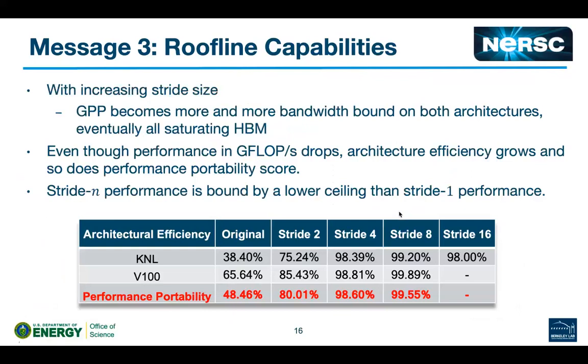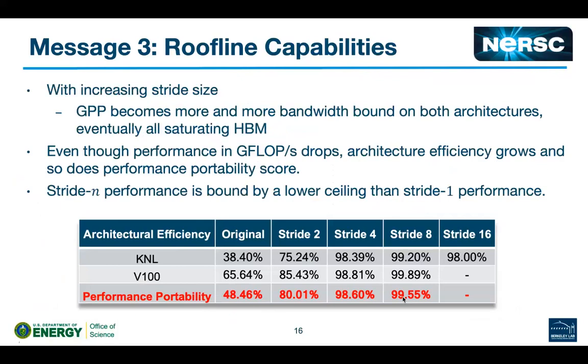So again, we calculated the different architectural efficiencies and the performance portability. So the score is going up as we increase the stride size, and that just means GPP is becoming more and more bandwidth bound very consistently on both architectures.